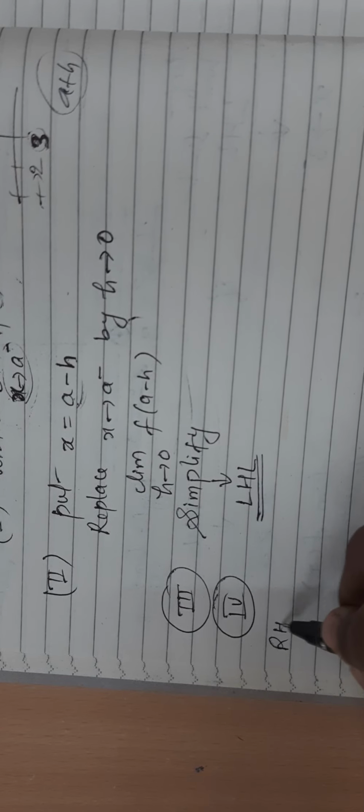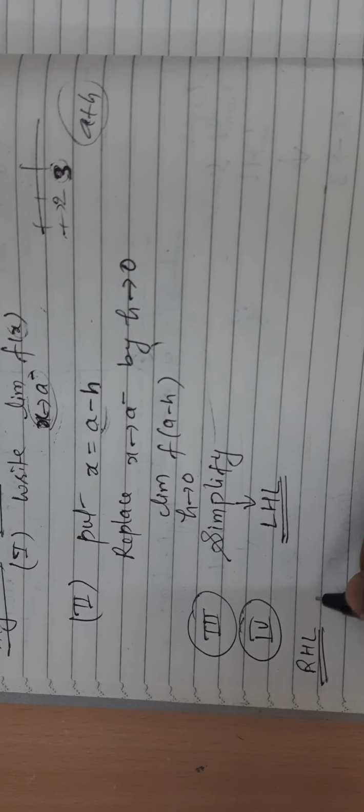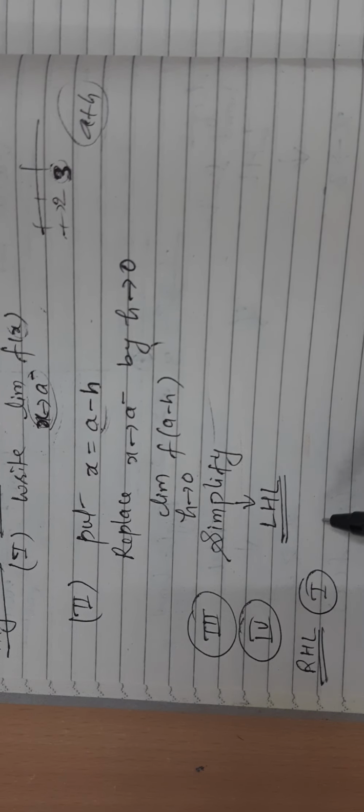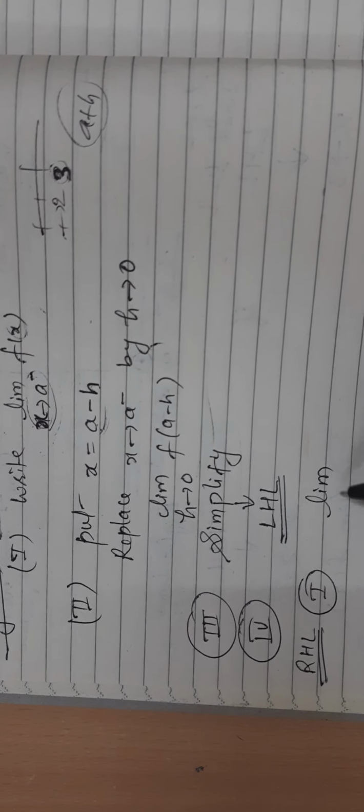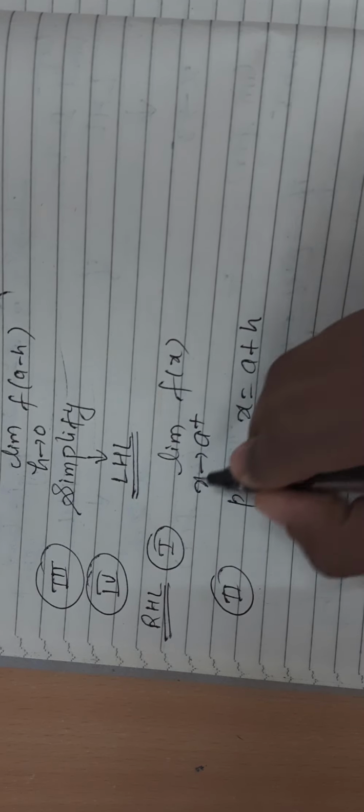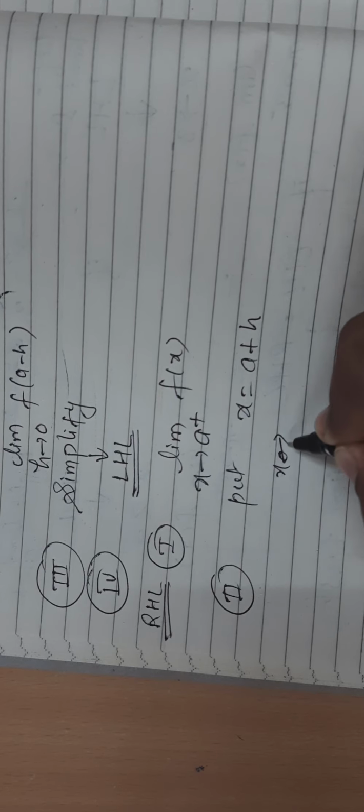Similarly, to find the right hand limit we have to follow the same steps. The first step will be, we will write limit, and at the place of x tends to a minus, we will write x tends to a plus, f of x. This is our first step. Second step, in left hand limit we put a minus h, here we'll put a plus h, and we replace x tends to a plus by h tends to 0.